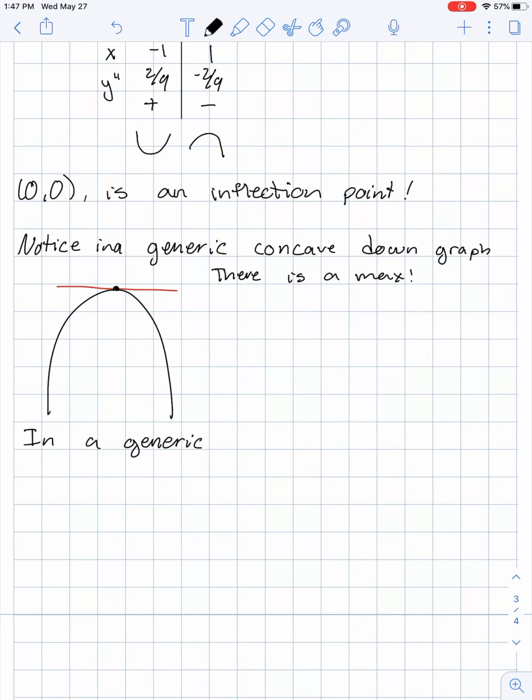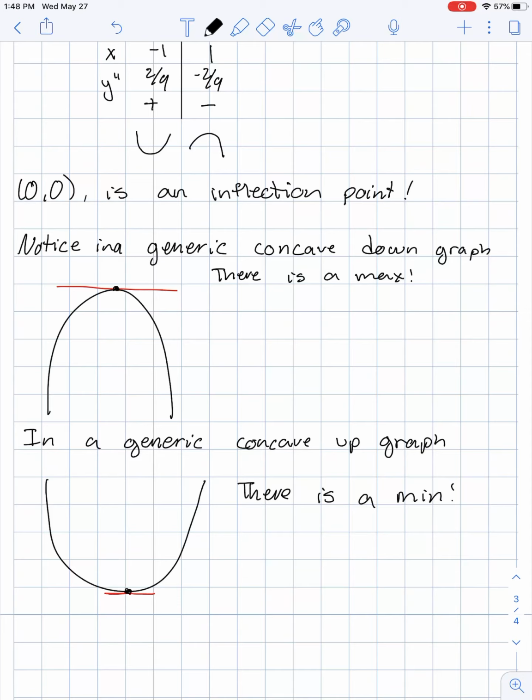And a generic concave up, a cup, if there's a horizontal tangent, it's going to be at a minimum. This is why pictures really, really help.